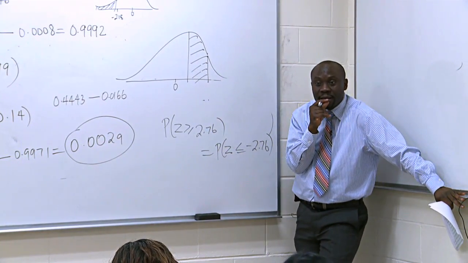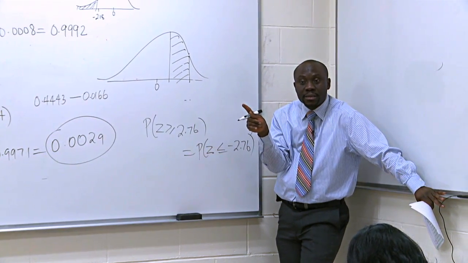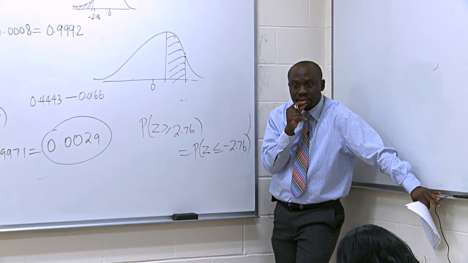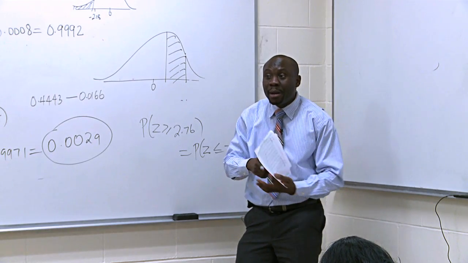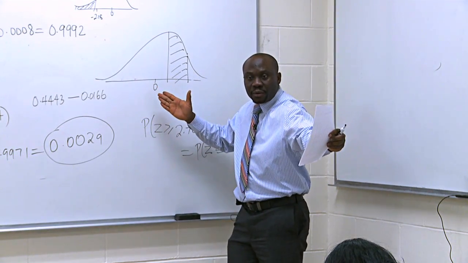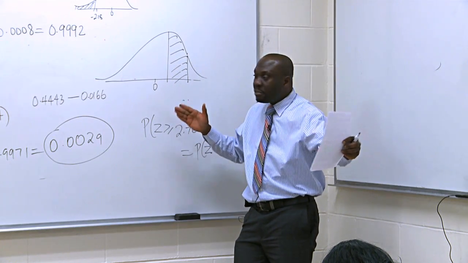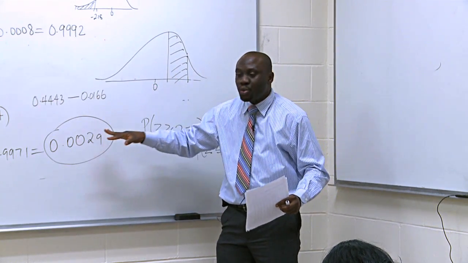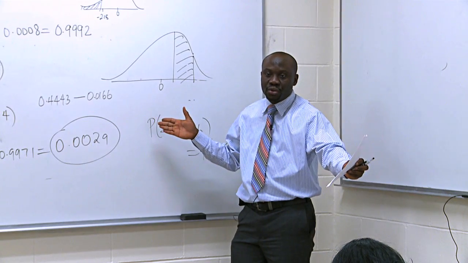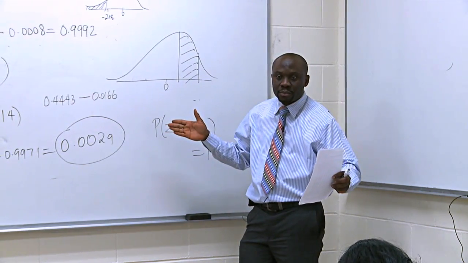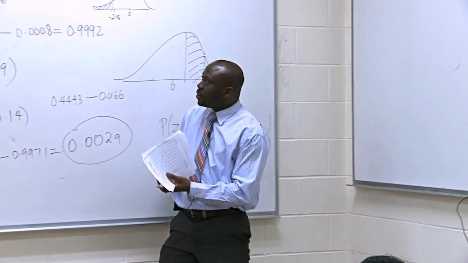The probability is what? Is it the mass that you shade? The probability is the interval, that range, because it's continuous data, between the two intervals. That is, if you have two of them, between Z and whatever the numerical value is.